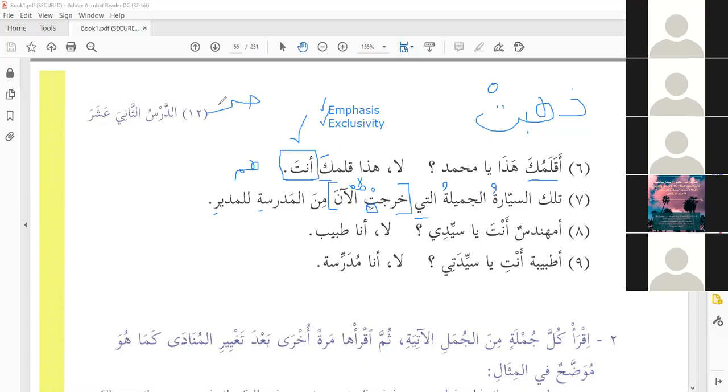Verbs cannot ever be majroor. The idea of the genitive case, the jar, the majroor, is exclusive to nouns. We said by definition, the genitive case is talking about the relationship between nouns, whether that relationship is location, time, or possession. It's nouns.